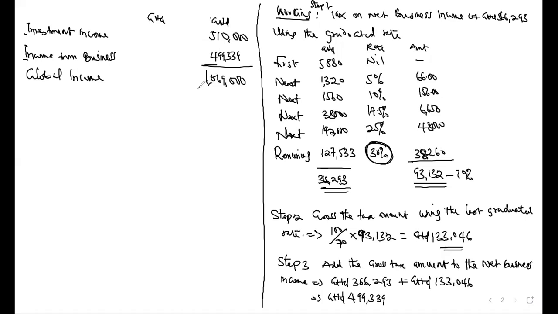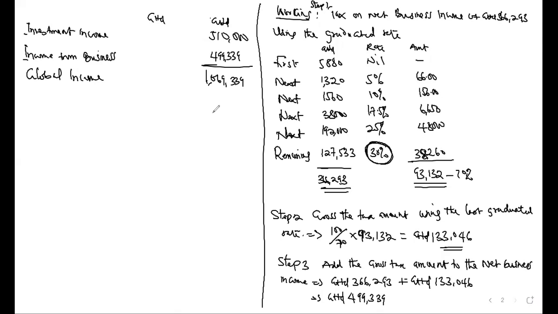The reliefs. It's 1,069,339? No, it's 1,009,339.